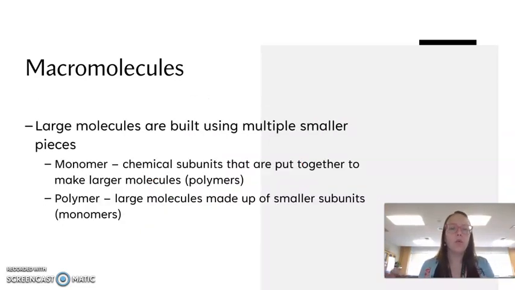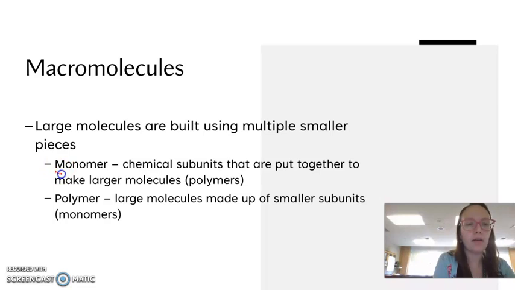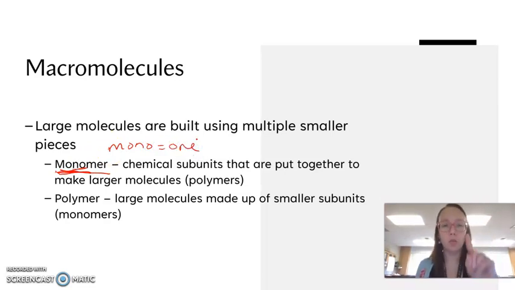So when we talk about making these big molecules, there are some other terms that we use for those pieces. Really big molecules we make by taking smaller pieces and putting them together. These smaller pieces are called monomers. Think mono meaning one. So a monomer is one piece that you can put together to make a larger piece.